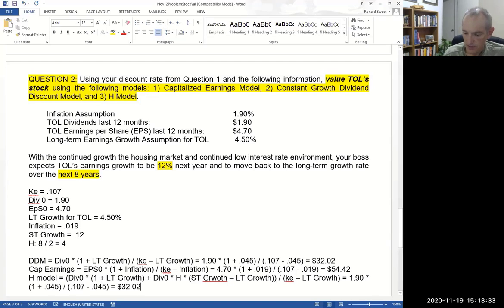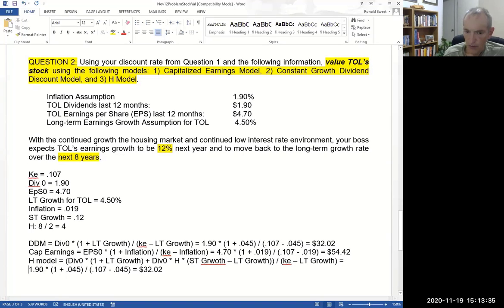So that gives us 1.9 times 1 plus 0.045, plus 1.9 times 4 times 0.12 minus 0.045, all divided by that. And that gives you 41.22.